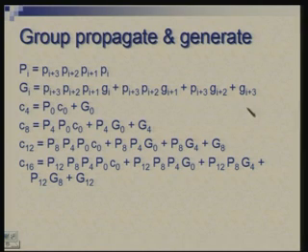Gi is again composed of Gi plus 3 or Gi plus 2 propagating through this stage, Gi plus 1 propagating through these two stages, Gi propagating through these three stages. Once these are done, we can have C4, C8, C12, C16 expressed in much the same way as we had expressed the carries C1, C2, C3 and C4. Basically the same form of expression, and I will leave it for you to verify.